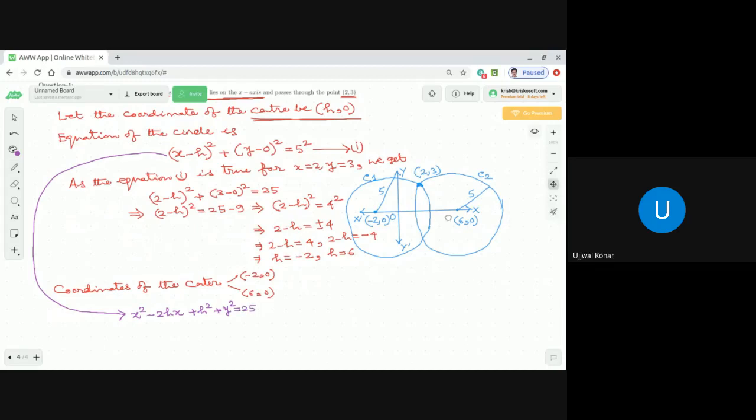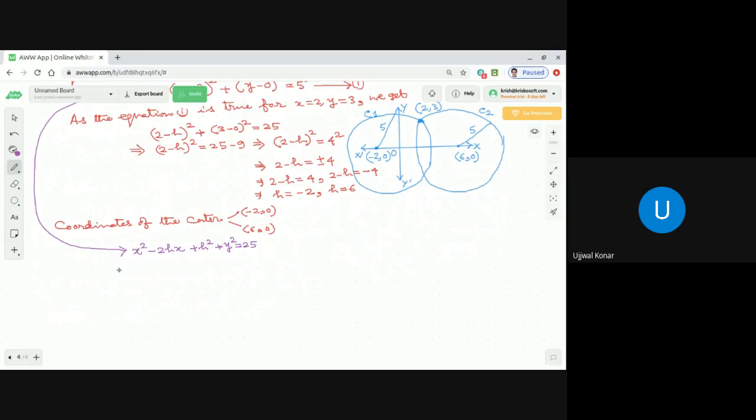That implies x square plus y square minus 2 into h into x plus h square minus 25 equal to 0. So let's apply h is equal to minus 2.